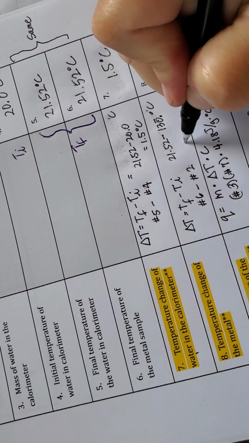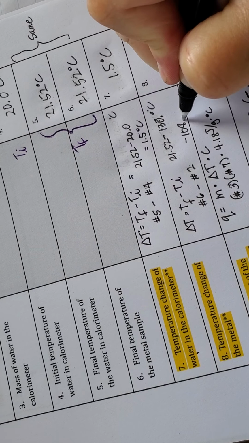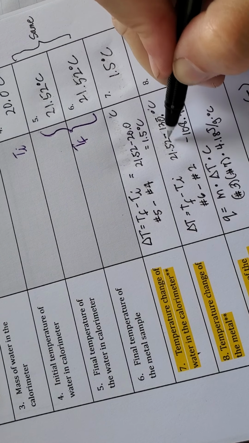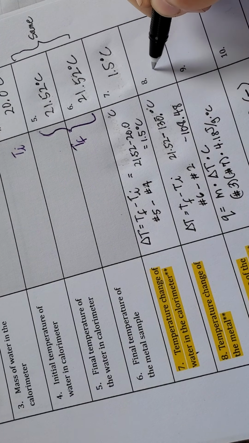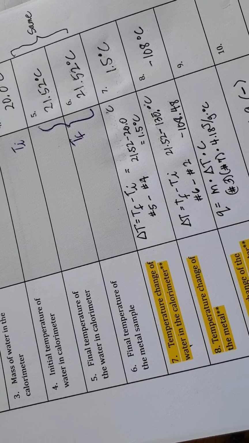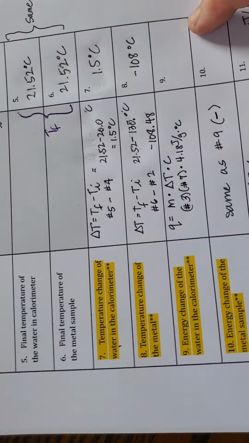So I get negative 108.48. And if I round this with my sig figs, this one has no decimal places, it would be negative 108 degrees Celsius.